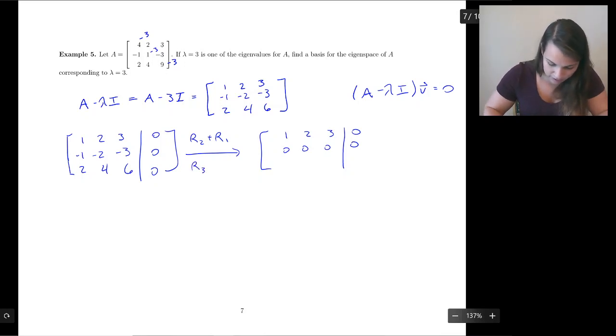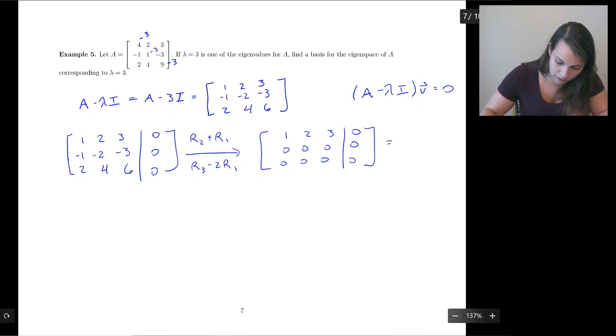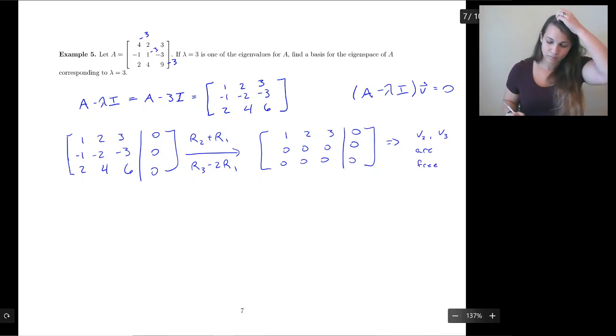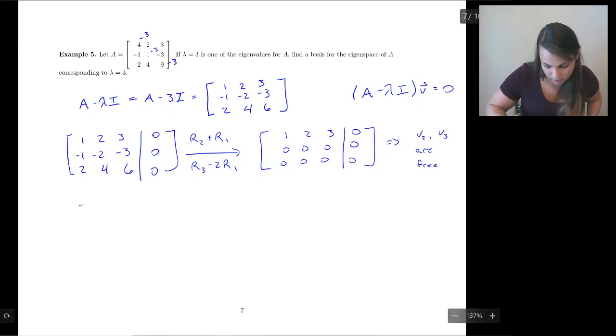And then row 3, I'm going to take that with 2 times row 1. And that also cancels out completely. So then V2 and V3 are free. So that means V1 equals negative 2 V2 minus 3 V3.